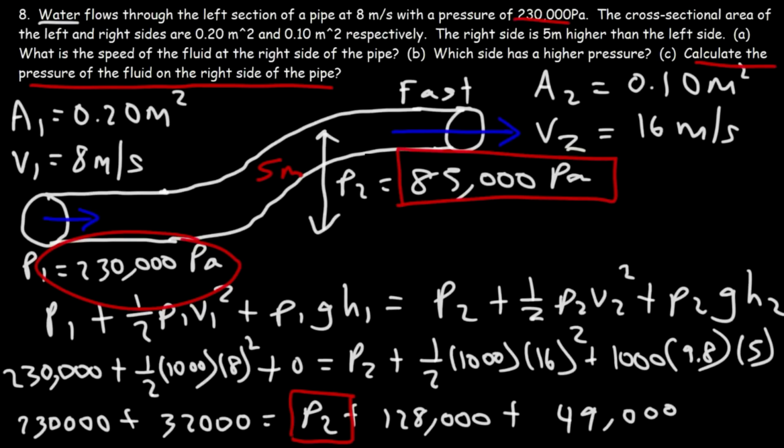Now let's talk about this. So the left side has a higher pressure than the right side. Now you could think of pressure as force because force is basically pressure times area.